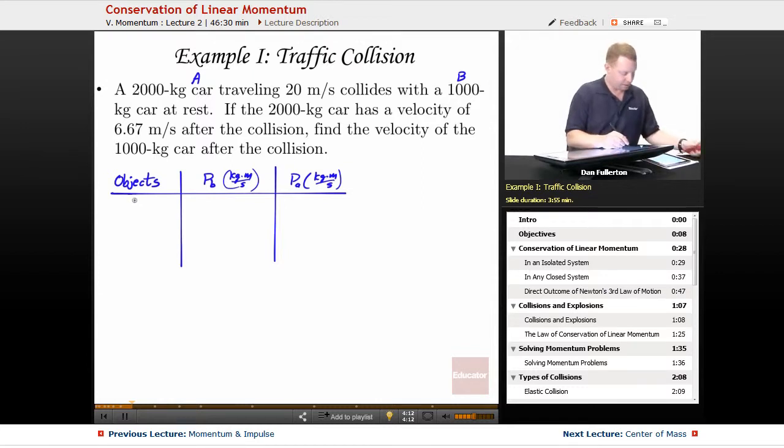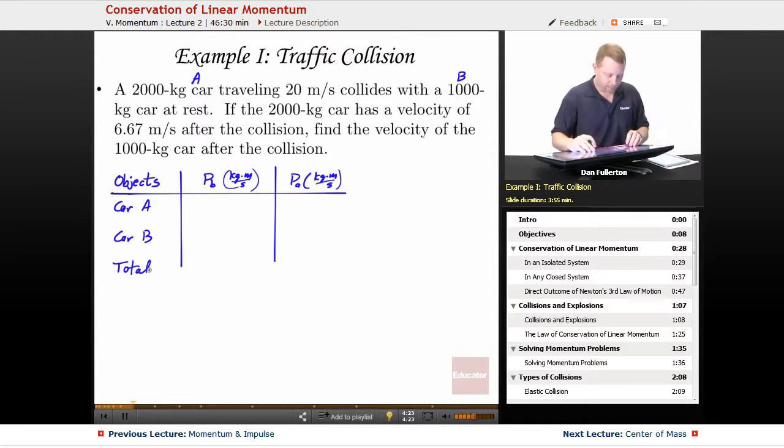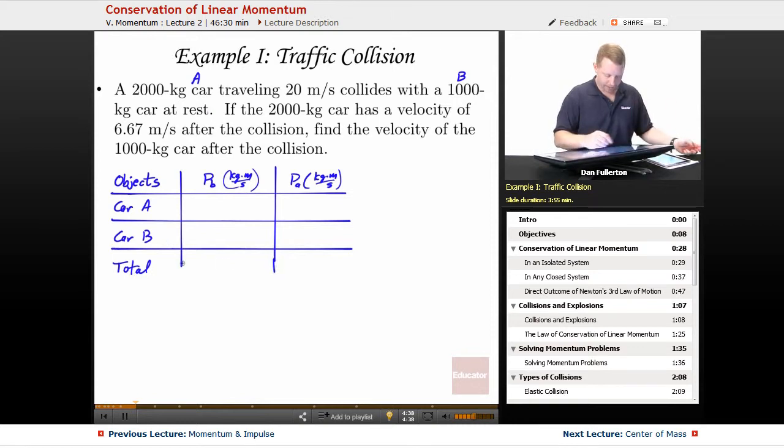And our objects, we have car A, we have car B, and we'll make a row for total. Just filling in lines on our table to help us stay nice and organized.